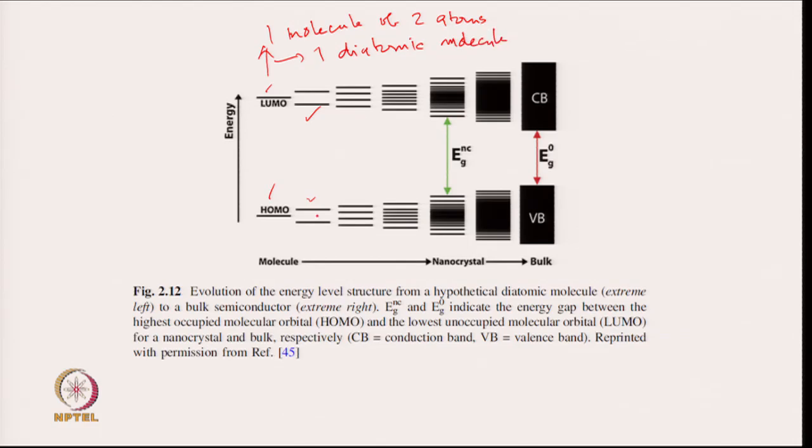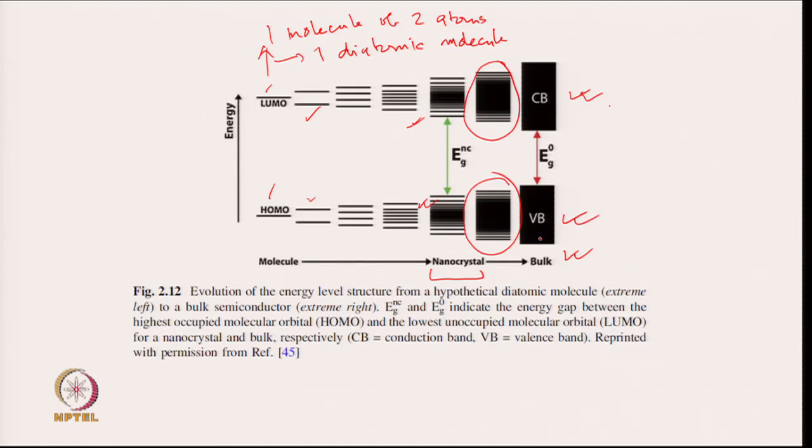If you take 2 diatomic molecules, you will get this kind of structure. If you increase the number of molecules, the energies start overlapping with each other, and that is when you have a nanocrystal. And when you go to bulk, LUMO looks like this and HOMO looks like this.